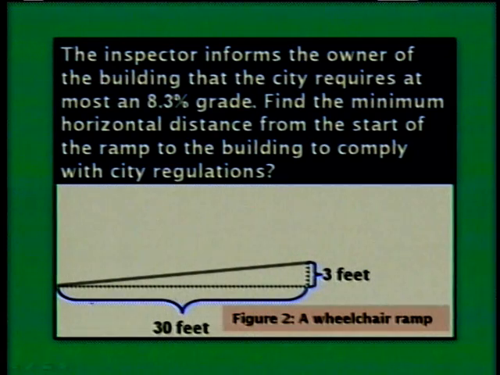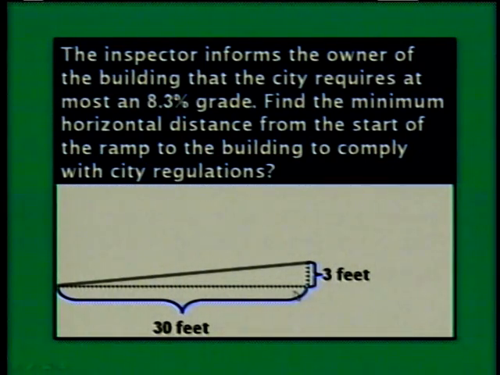In our figure, we currently have a horizontal distance of 30 feet. We want to decrease the grade of the ramp, so we're probably going to want to increase this distance. Let's call this distance x now and figure out what it should be so that we have an 8.3% grade.